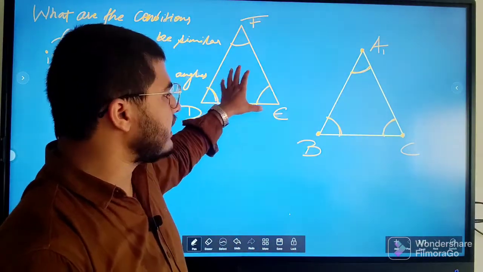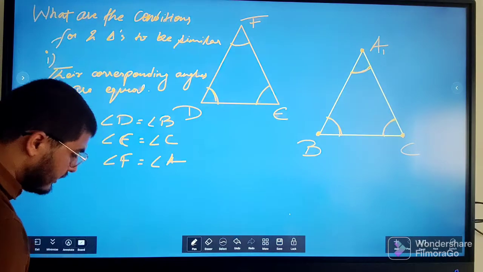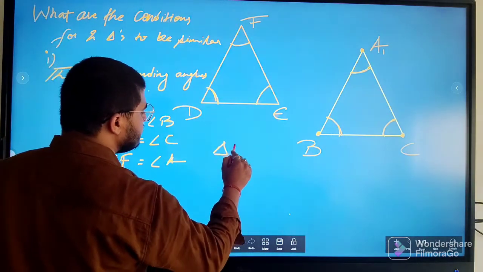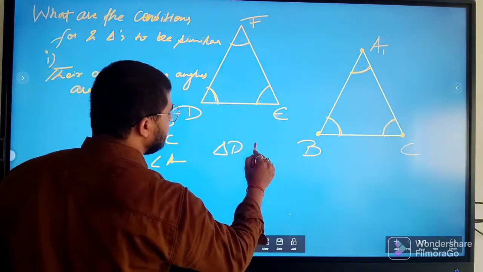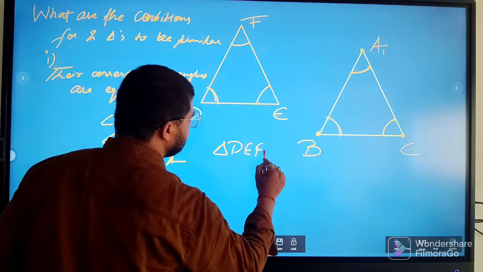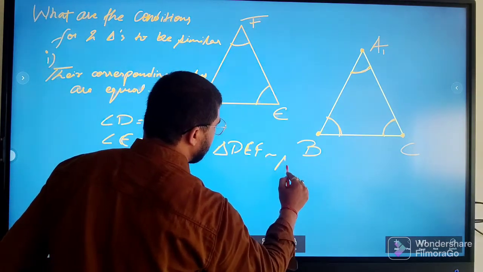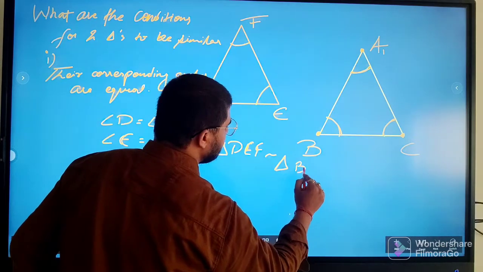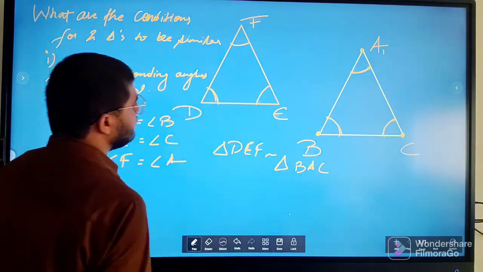Here, by similarity, we can say that triangle DEF is similar to triangle BAC.